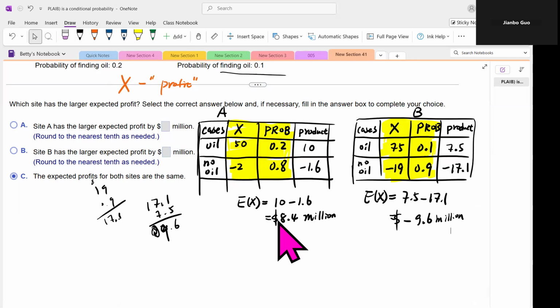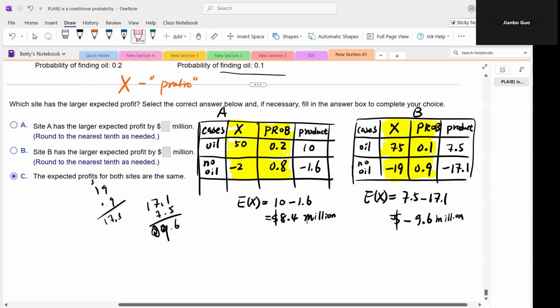Because the expected profit for site A is a lot higher. By how much? Okay, I understand what's the confusing part for some of you. So the expected profit for site A is 8.4. Expected profit for site B is negative 9.6. And what's the difference between those two numbers?